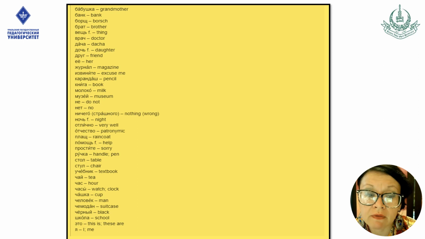So you may, for example, organize in one mind map words like дочь, жена, сын, брат. Why is it one group? Because they belong to one semantic group, the group of a family, right? While arranging such semantic maps in your copybooks, or probably you are doing mind maps online.